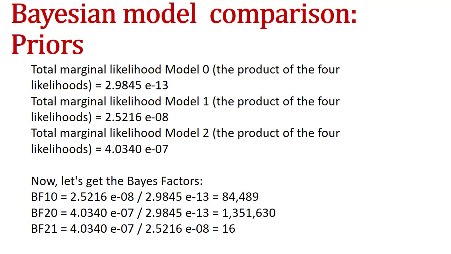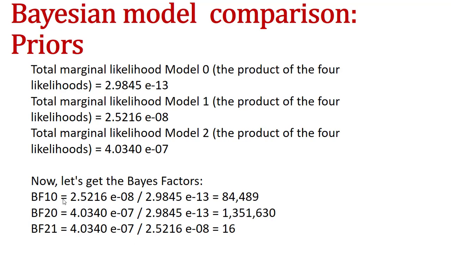So it has fewer zeros than this one. And the total marginal likelihood for model 2 is 4.0347e-07, so a bit larger than that one. So the Bayes factor, we do 3 Bayes factors comparing the 3 marginal likelihoods.